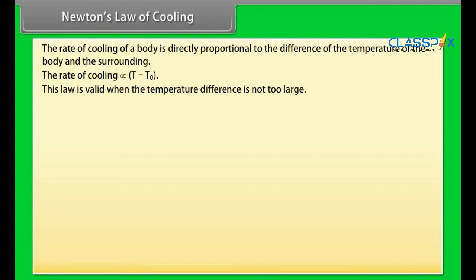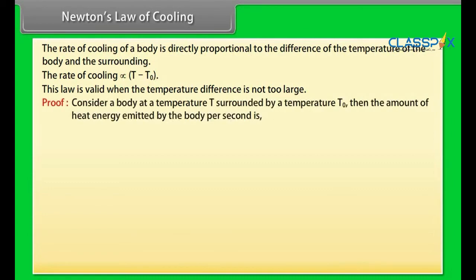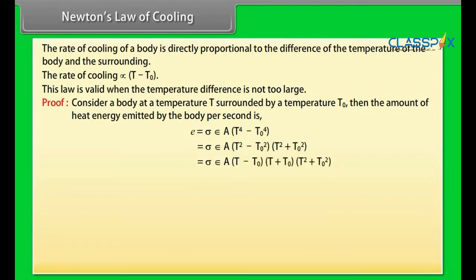Let's see the proof. Consider a body at a temperature T surrounded by a temperature T0. Then the amount of heat energy emitted by the body per second is E = σεA(T - T0)(T + T0)(T² + T0²).